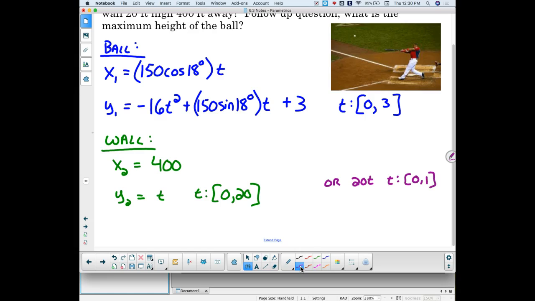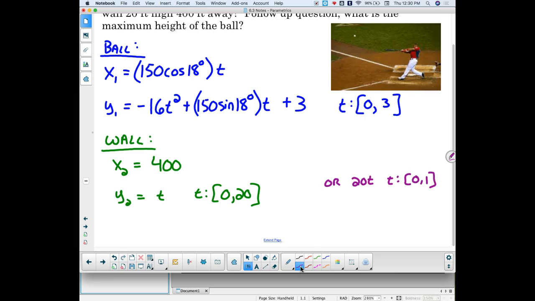Could I do that one in purple? Could I have my y part be 20t and go from 0 to 1? Yeah? Okay. Because at 0 I plug in 0 and the height is 0. I plug in 1, the height is 20. And it would just connect it for me. Yeah.